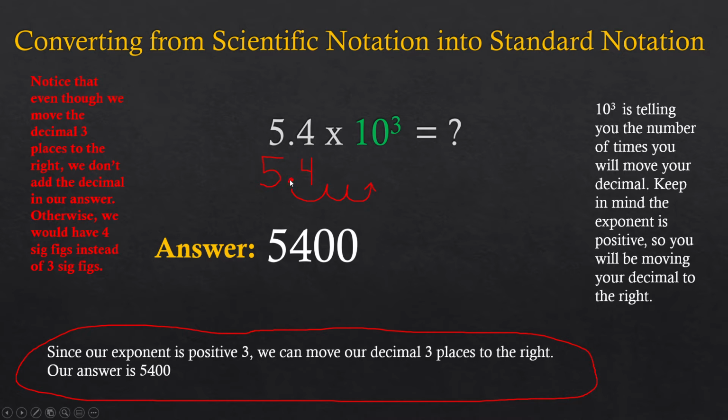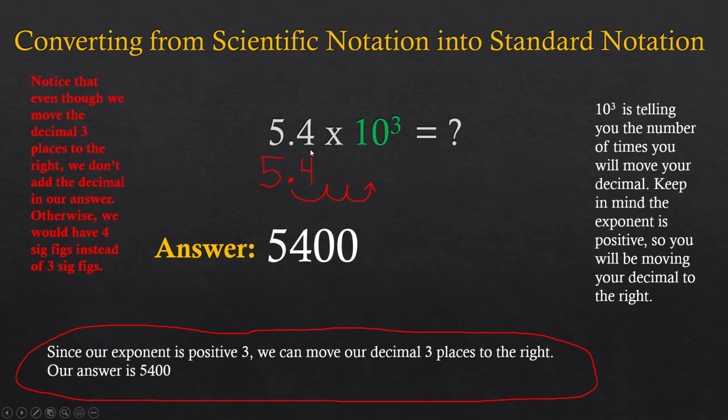So here we go. We're moving it to the right side 3 times. 1, 2, and 3. And here where you see the waves, you're going to add zeros, which is the ones that I have here. And over here where you have the arrow, depending how many sig figs you started out with, is going to depend whether you're going to add a zero here or not.